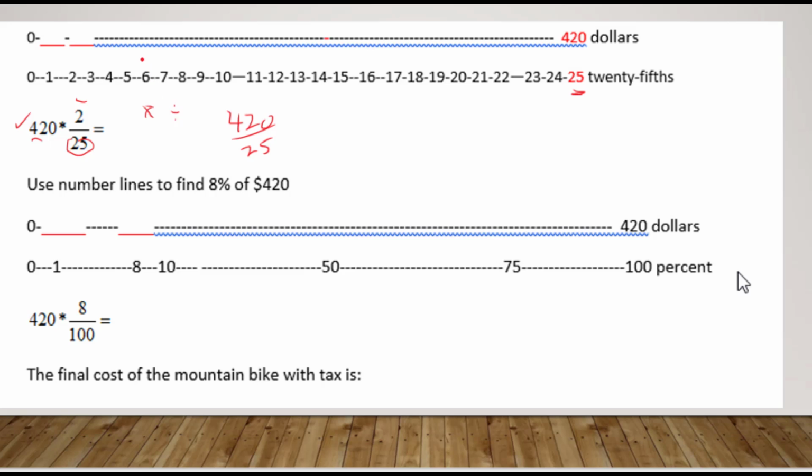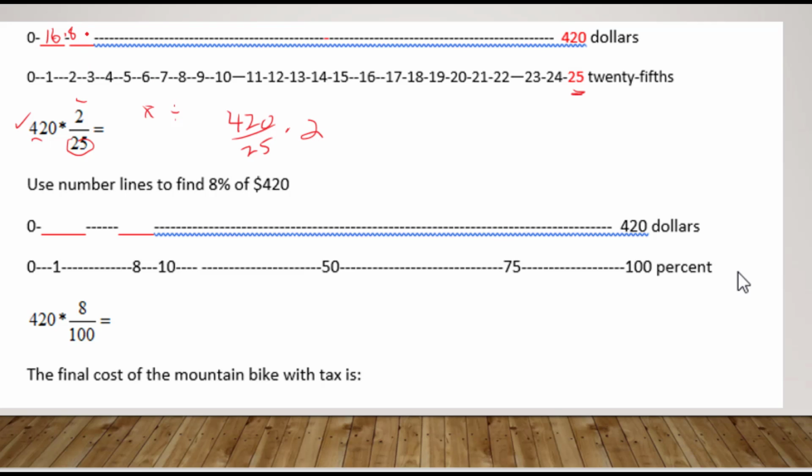So 420 divided by 25, go to my calculator, and I get 16.8. Now I'm going to double that, or multiply it by 2.